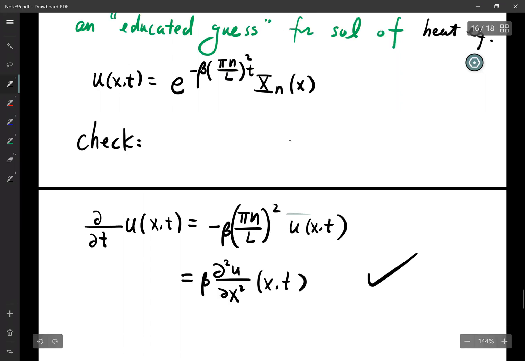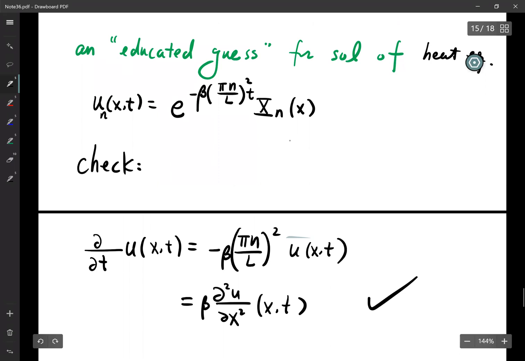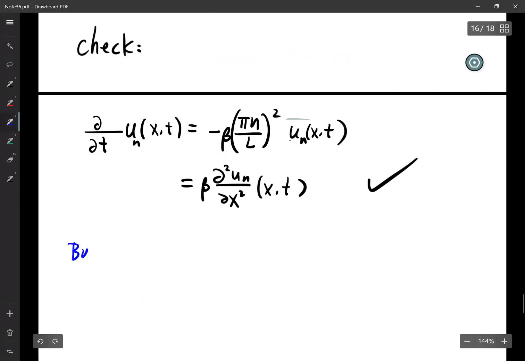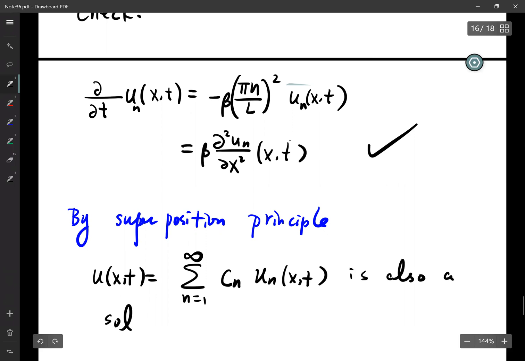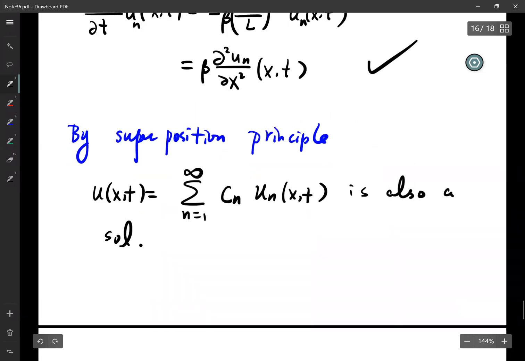So this one, let me call it u_n(x,t). It's a solution to the heat equation. By the superposition principle, u(x,t) equal to the sum over n from 1 to infinity of C_n u_n(x,t) is also a solution, where this is C_1 to infinity.